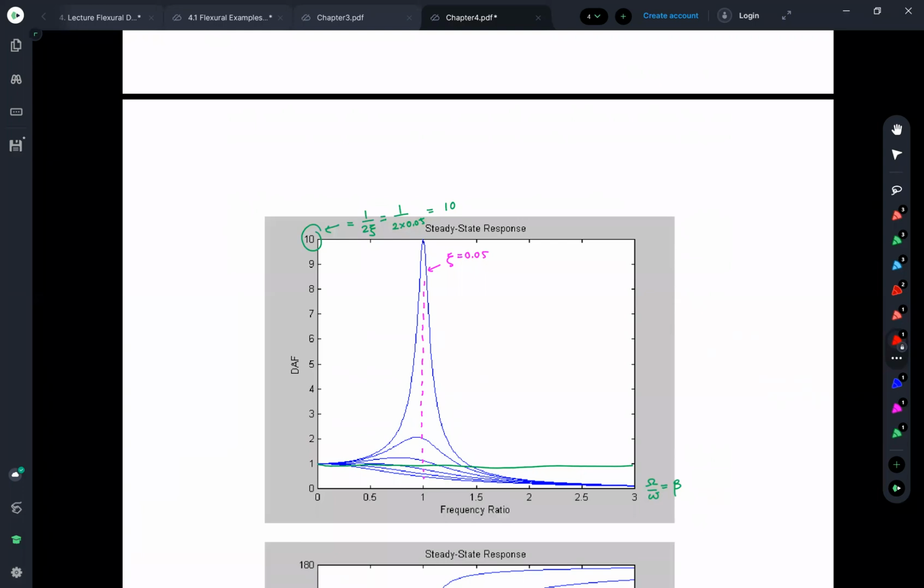My building normally has a damping ratio of only 5% at most. Many of the times the damping of my tall building is something like 1.5, 2%, smaller than this. This is quite a high damping ratio already, 5%, as you can see in the plot.